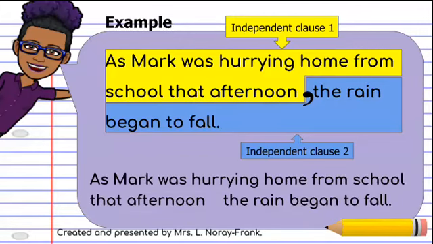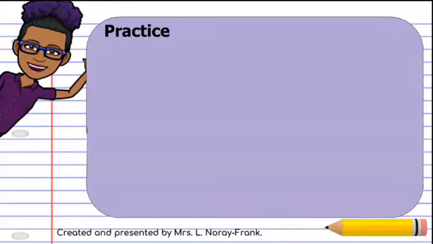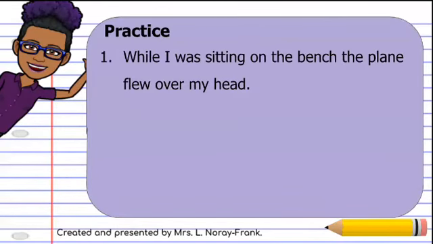So we have to read our sentence again with that comma. As Mark was hurrying home from school that afternoon, the rain began to fall. So let's practice some commas in our compound sentences.